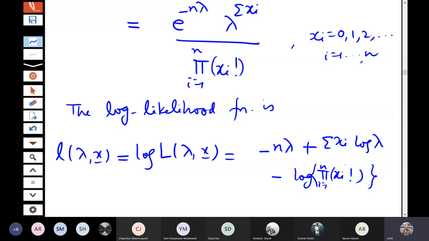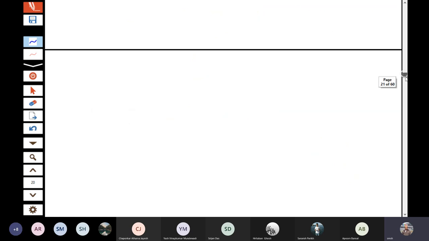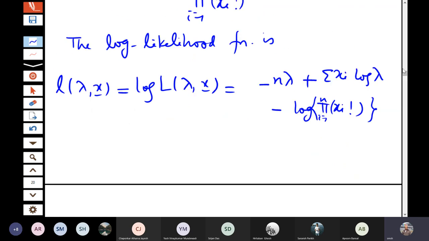Now this has become sort of log linear here, so it is easy to look at the behavior of this.